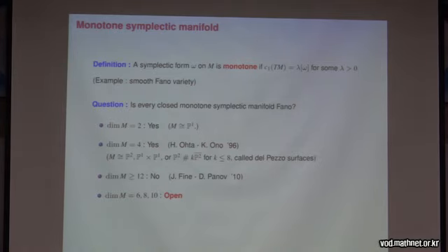In algebraic geometry, they are called del Pezzo surfaces. And recently, maybe 5 years ago, Fine and Panov proved that there exists a non-Kähler closed monotone symplectic manifold in dimension 12.